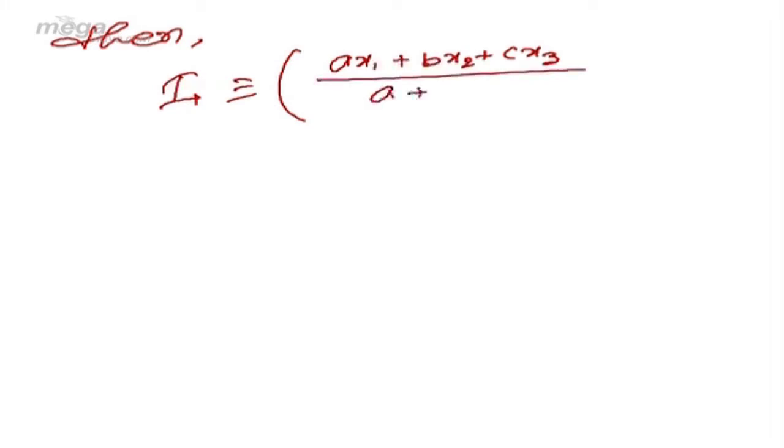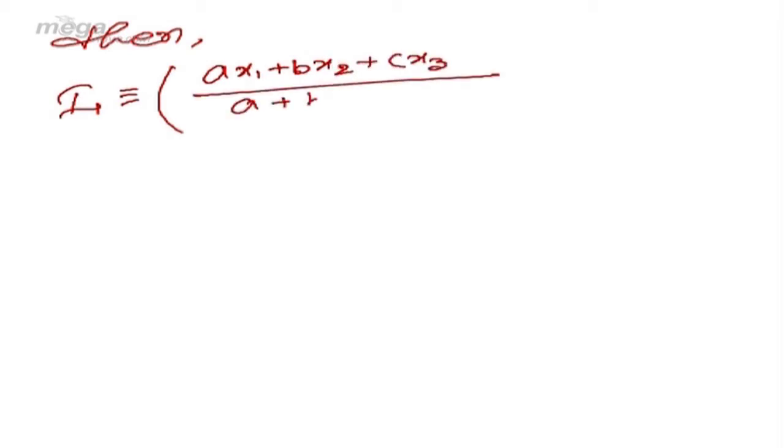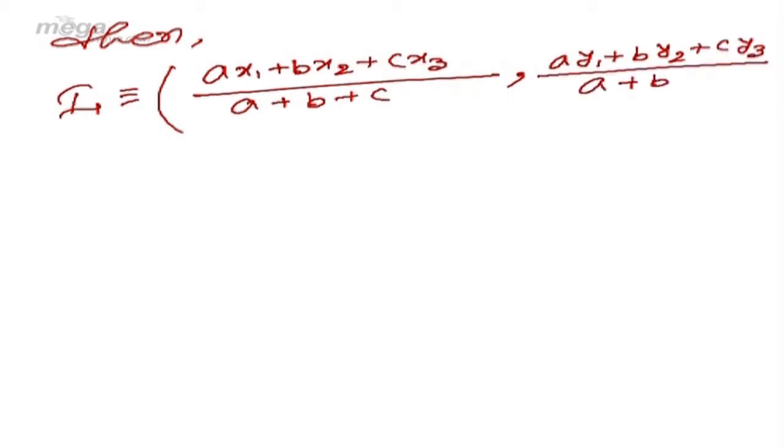For I1, what we'll do is make some change in the incenter. In the incenter we did the coordinates as (ax1 plus bx2 plus cx3) upon (a plus b plus c), comma, (ay1 plus by2 plus cy3) divided by (a plus b plus c).